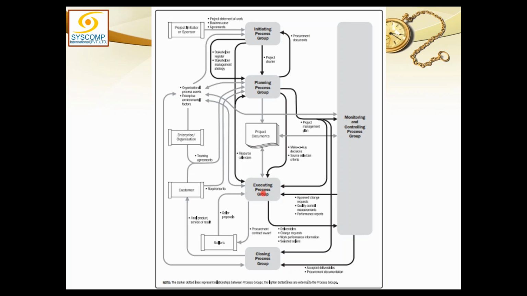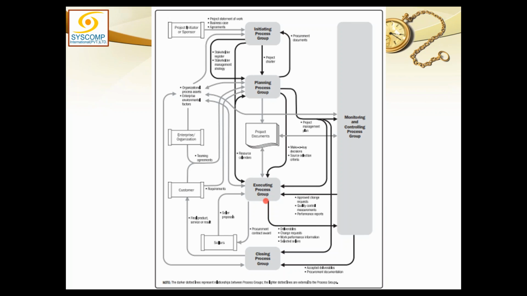So if the overall execution of the project is being done, what is sent from execution to monitoring and control? If you remember, I just discussed, basically we have to fulfill two things, product scope and project scope. So from the product scope perspective, we will send the deliverables which are created.